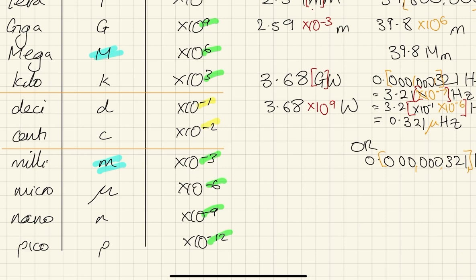So actually this becomes 3.21 times 10 to the power of minus 9 hertz. And I know 10 to the minus 9 is nano, so it's 321 nanohertz.